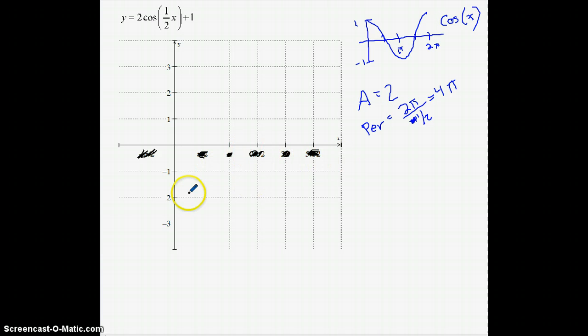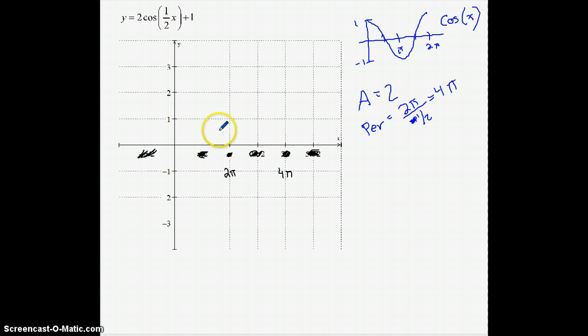And it's going to be 4 pi. So let me make this 2 pi. And I'll make this 4 pi. Okay, that's going to be a little better. Alright, that we'll be able to do.